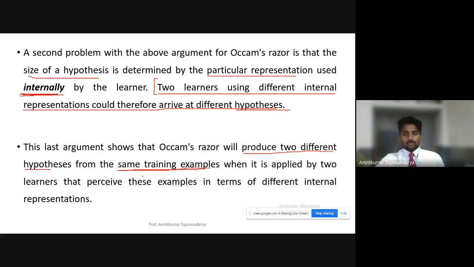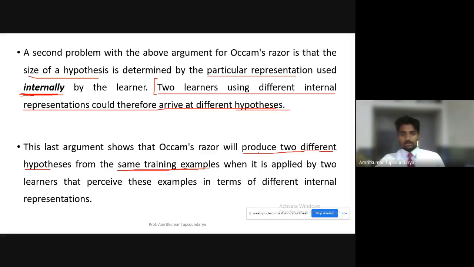How come we have two different hypotheses for the same training examples? The key point here is that they have their own internal representation, the hypothesis representation, which is internal to the learner.